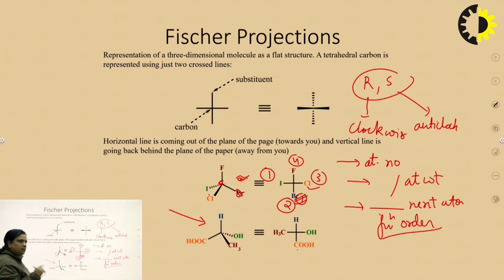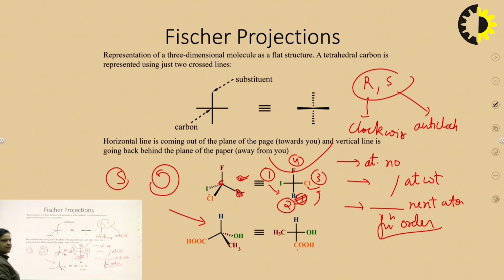Now check whether number 4 is above or below the plane. In this case, number 4 is above the plane, so forget this. Now rotate 1 to 2 and 2 to 3. Here the rotation is like this, which is anti-clockwise. So this structure will be S.